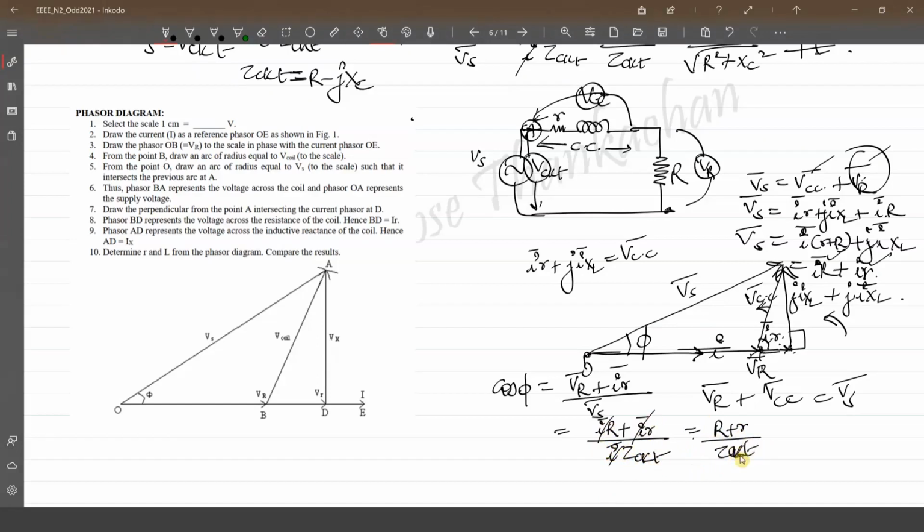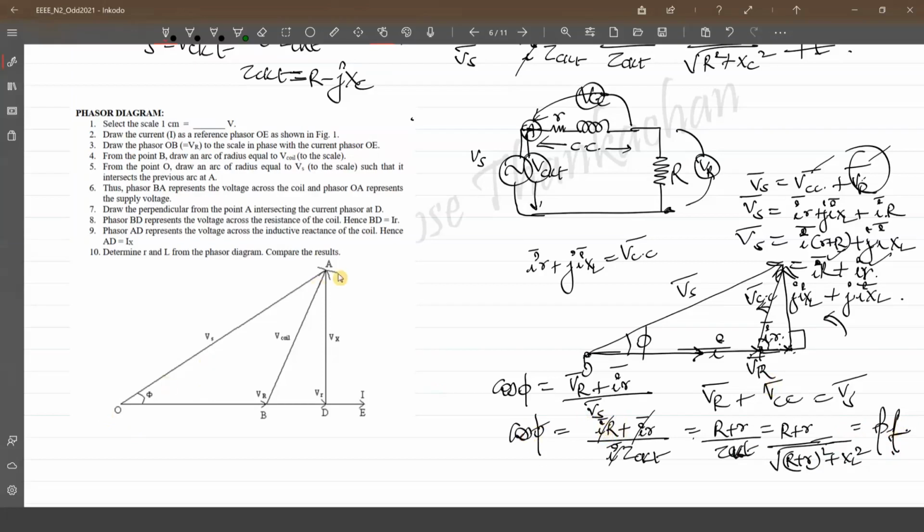We had seen this earlier also, Z circuit. And this can be written as R plus small r divided by root of R plus small r the whole square plus XL square. This was the power factor. I had told in the initial slide also. This is nothing but cos phi.